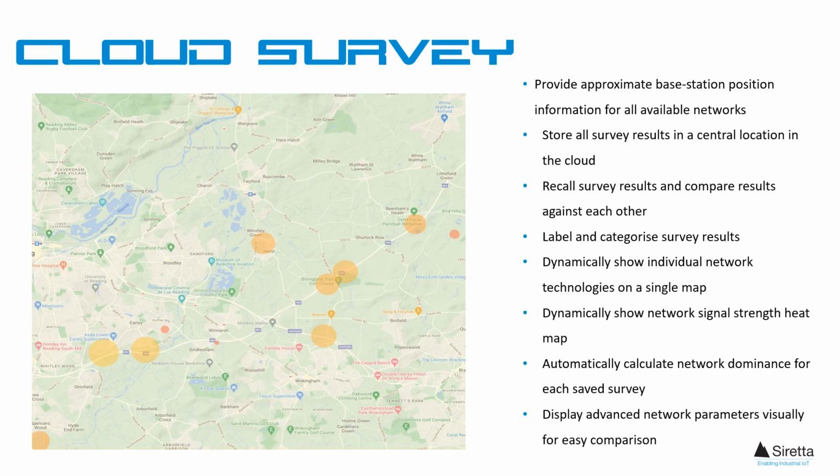You as a user can apply filters to adapt the results list and in addition, the portal has the ability to determine where your base stations are located in relation to where your survey was performed. It can store all survey results in one central location with custom categories and individual survey labels for future identification.